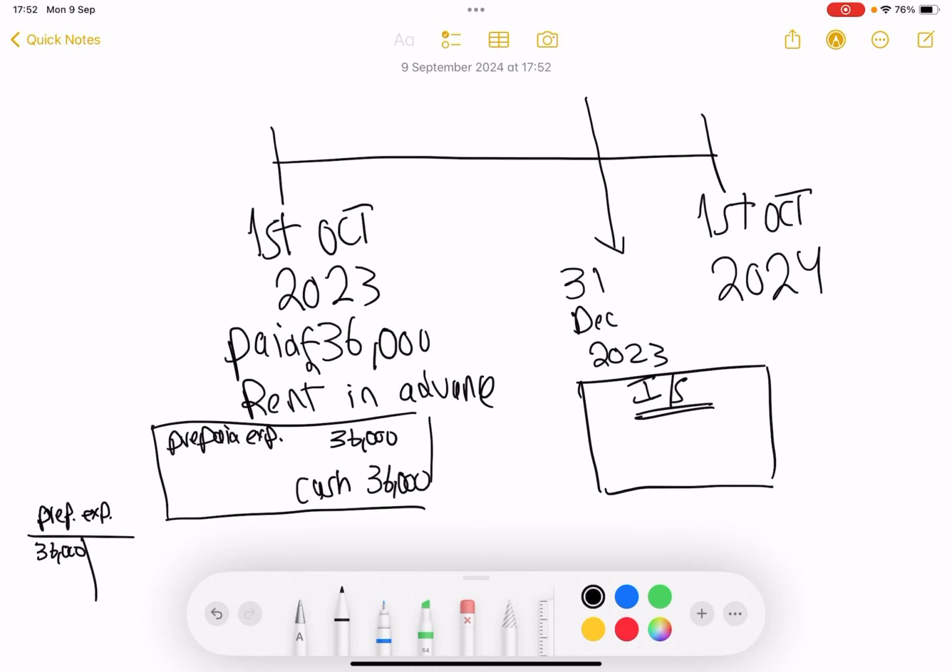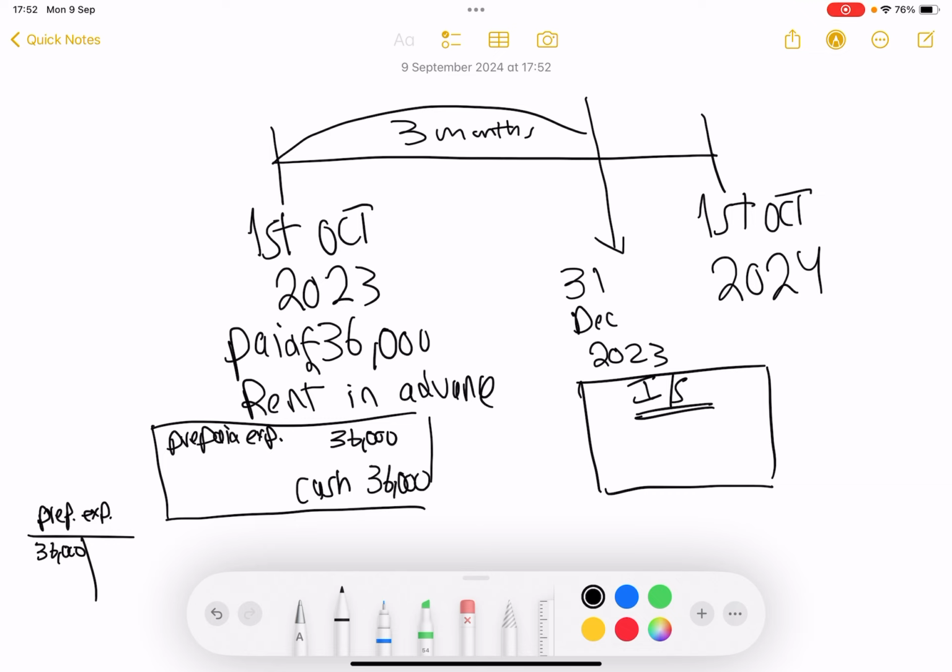But after 3 months, what happened? After 3 months, you have enjoyed 3 months of rent. Your employees enjoyed the facilities of the building. So you have 3 months of incurred expenses because you have enjoyed the place.